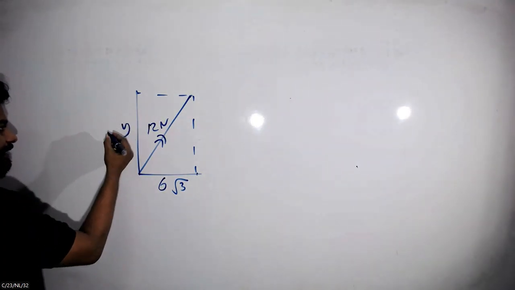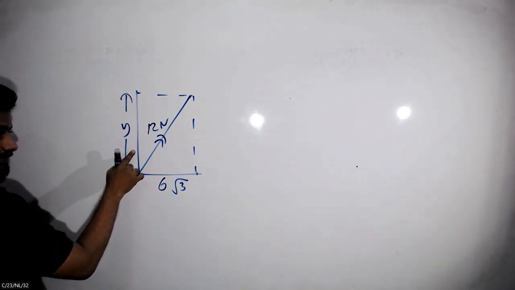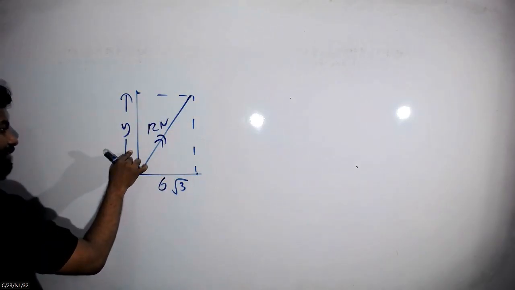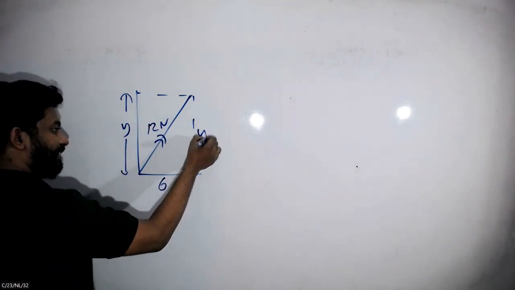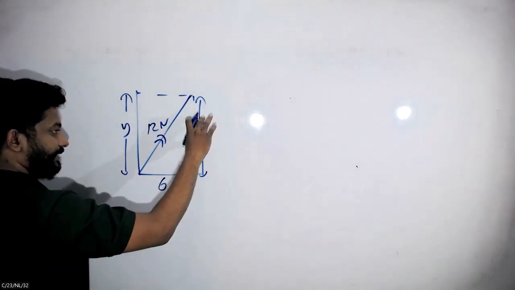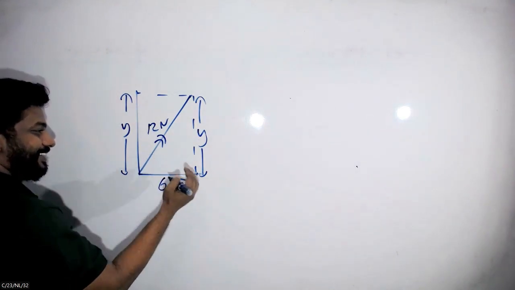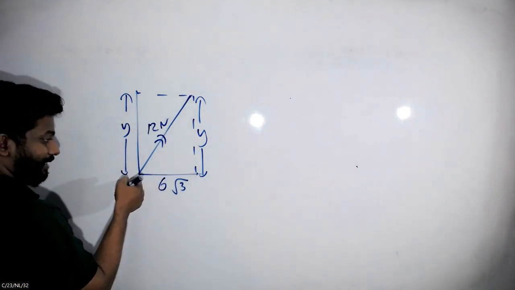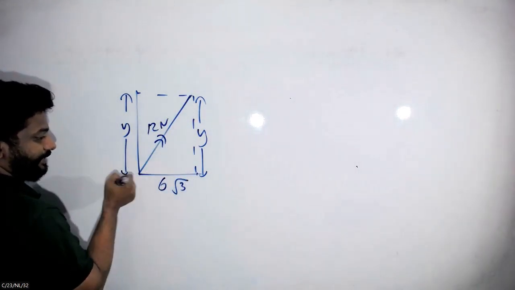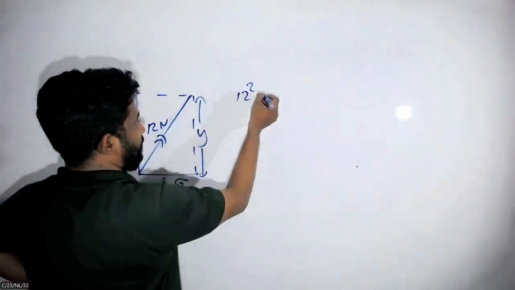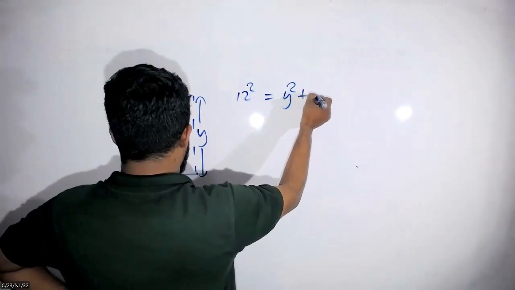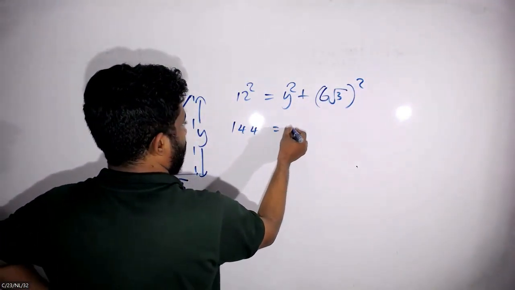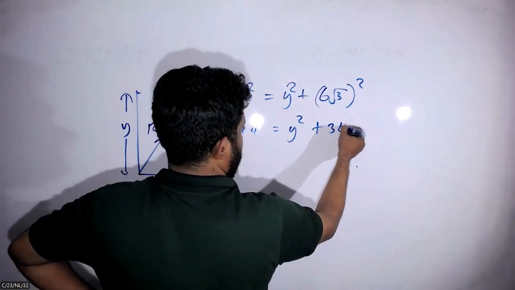Pute, if this side is y, in a rectangle, this one is a parallelogram, no? In a rectangle, opposite sides are equal in length, no? Therefore, the length of this side is y. Then you can obtain this perpendicular component by applying Pythagoras theorem for this right angle triangle, right? 12 squared should be equal to y squared plus 6 root 3 squared. 12 squared is 144, y squared plus 36 into 3.